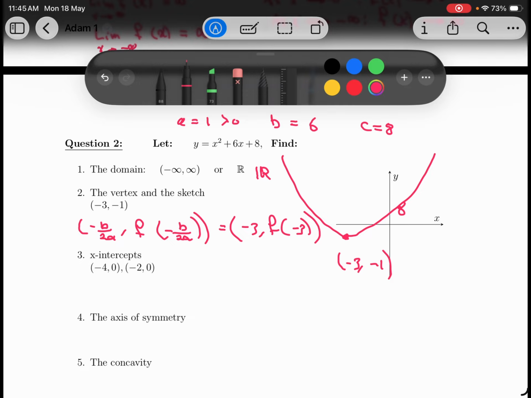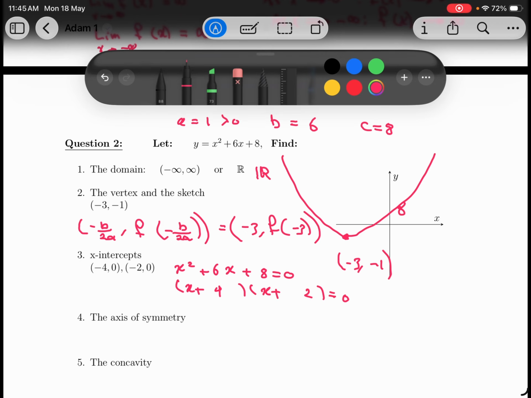So I will assume that to find the x-intercept, x squared plus 6x plus 8 equals 0, and this is factorable, of course. Again, guys, there's a video already discussing how to factor things so easily. Equals 0, it will be x plus 4 and x plus 2.